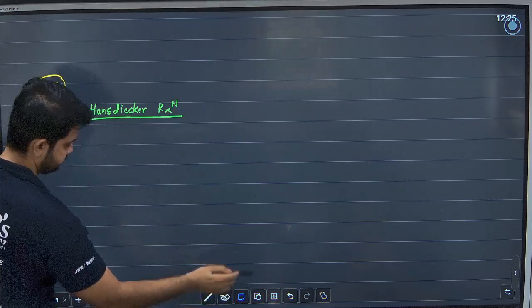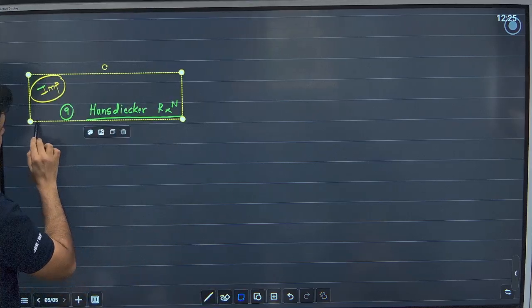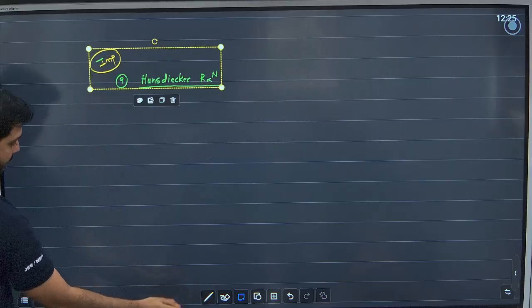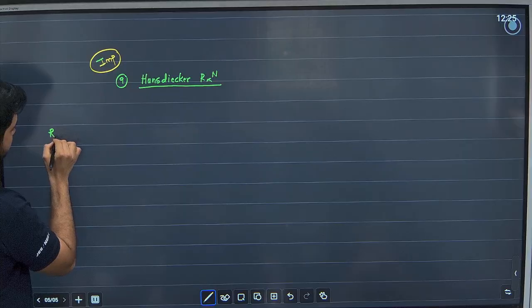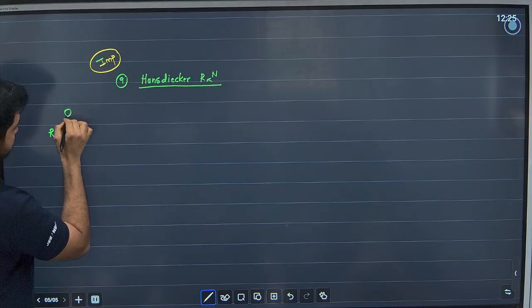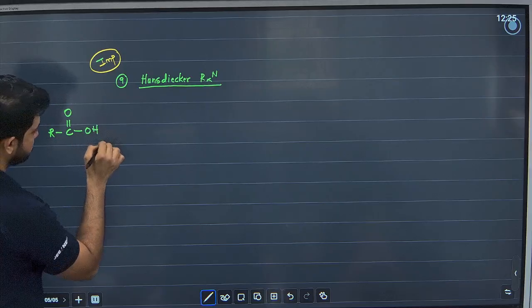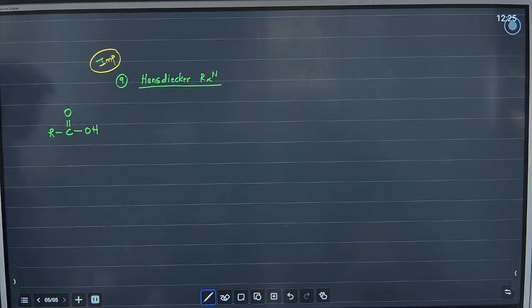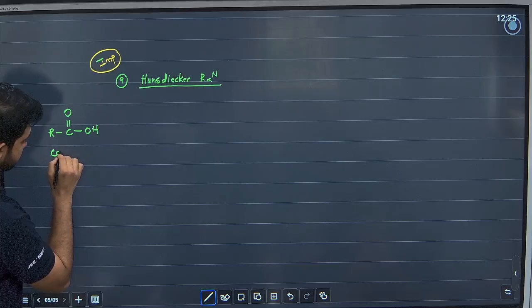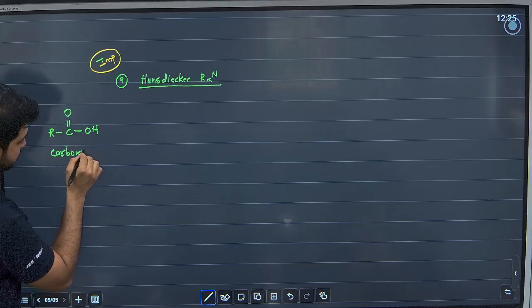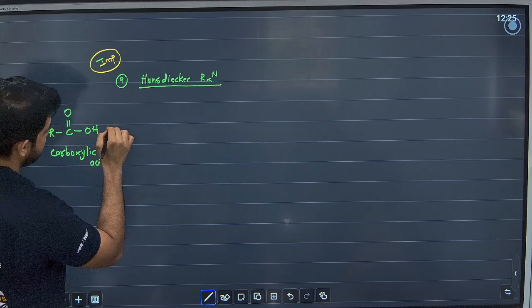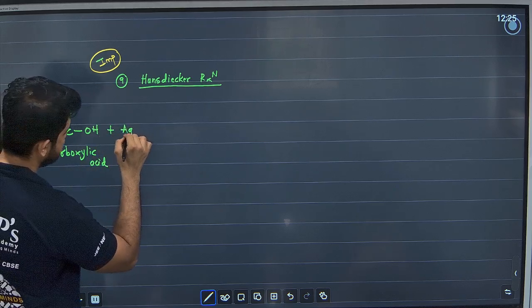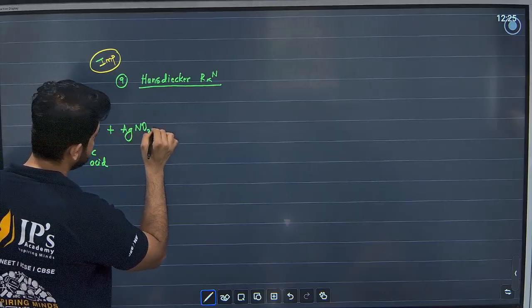चलो, now you start with RCOOH. What is RCOOH, people? Carboxylic acid. So carboxylic acid से start किया. We have carboxylic acid plus AgNO₃.